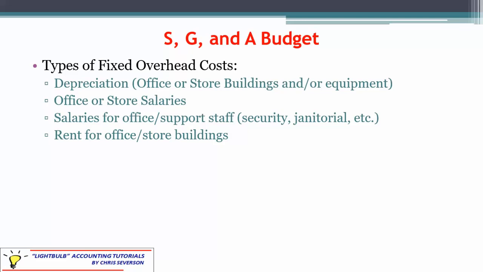So the depreciation would be on office or store buildings or equipment, office or store salaries, and any salaries for office or store support staff like security and janitorial, and of course rent for the same buildings. Sometimes they'll give you a big list of costs for a period, and you need to put them into their proper category. Just remember the breakdown: factory versus office or store.